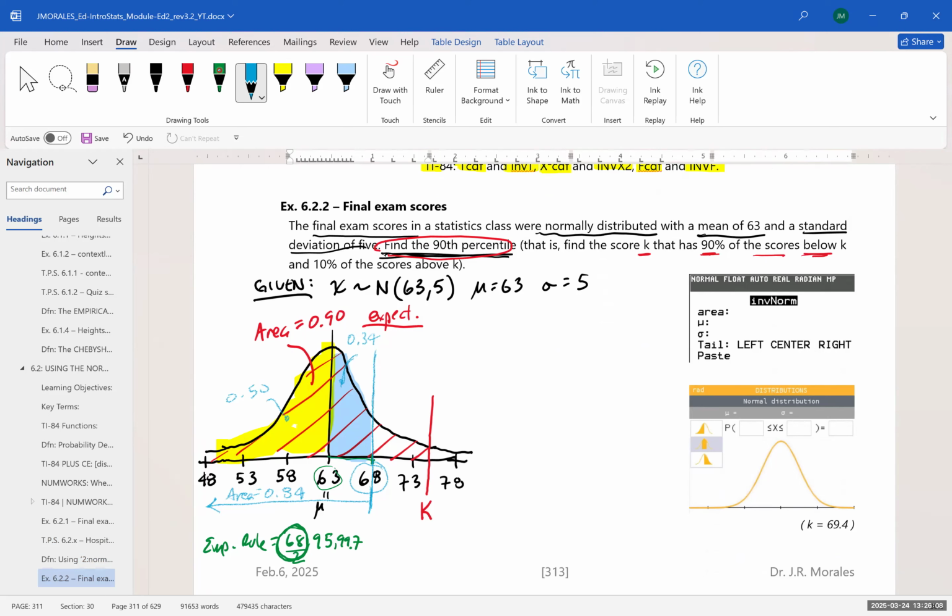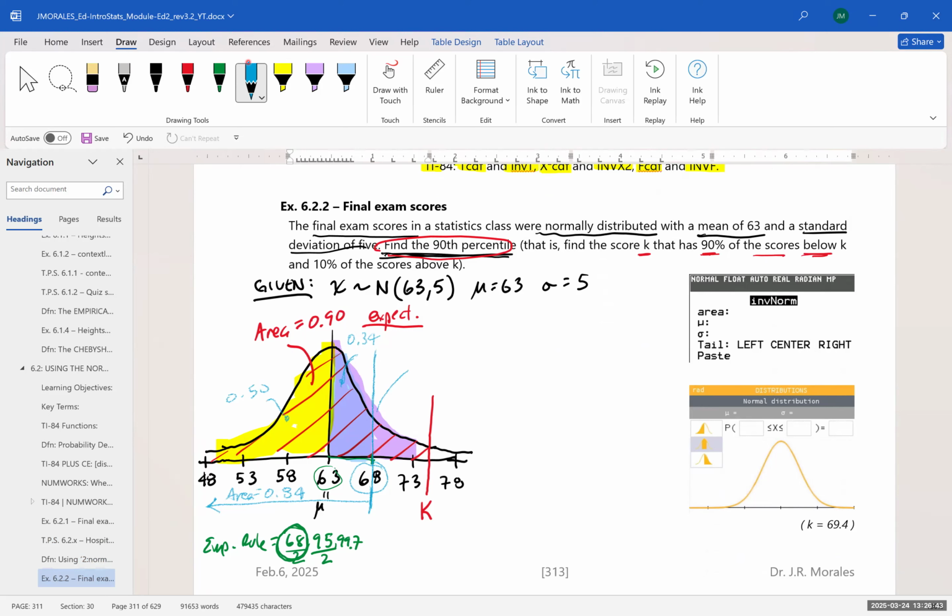What if we went even higher? If I take 95 and divide that by 2, then this area all the way to 73, which is 2 standard deviations over, is 95 divided by 2, 47.5%.